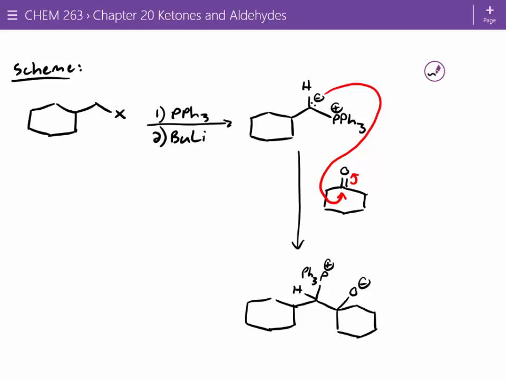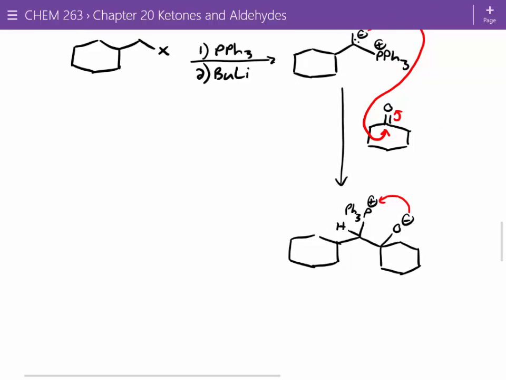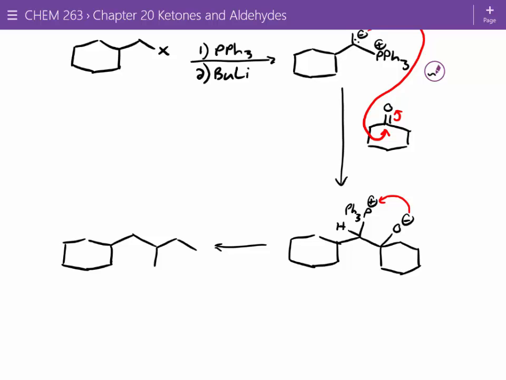So this is our betaine that we were talking about. Now the oxygen will attack our phosphorus. It's supposed to be equilibrium arrows. Yeah, they should be equilibrium arrows. Sorry.